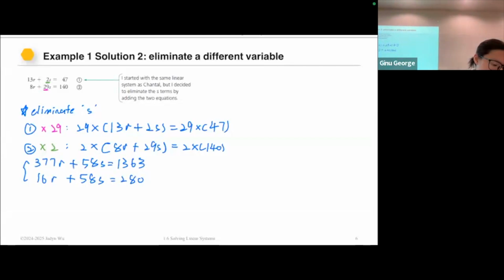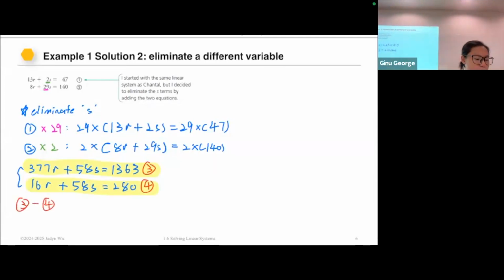Okay, now what's the next step? Let's label them as equation 3 and equation 4. So we just subtract the two equations. By subtracting, it means the left hand side is subtracted by the other's left hand side, and the right hand side is subtracted by the other equation's right hand side.